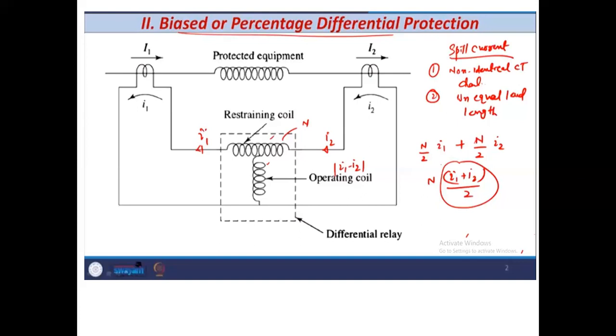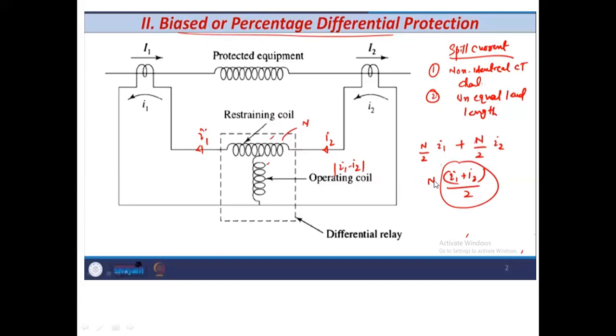If the restraining coil has n number of turns, then I1 flows through half of the turns, and I2 flows through the remaining half of the turns.